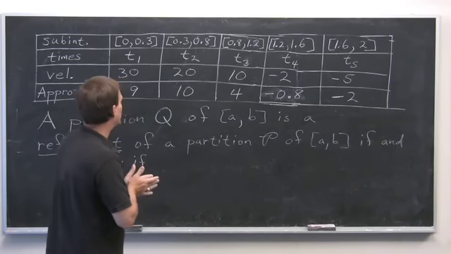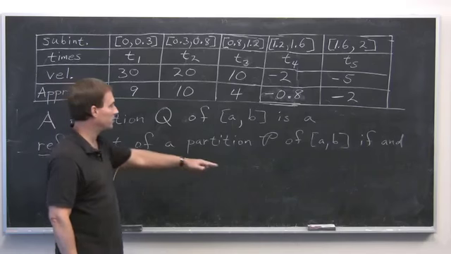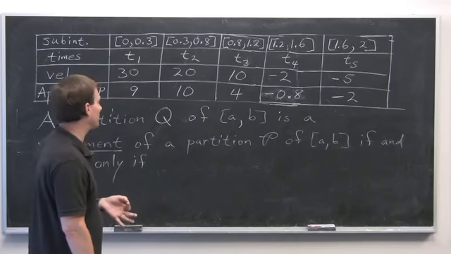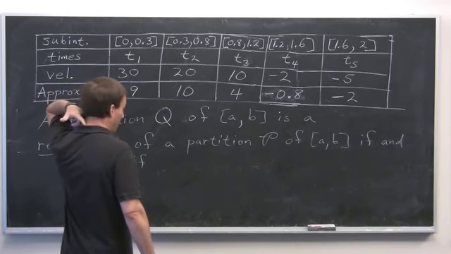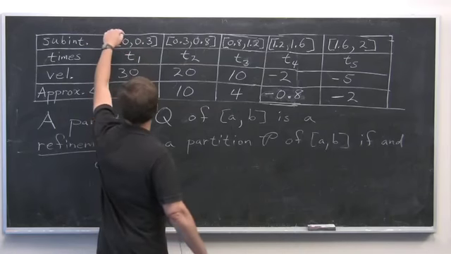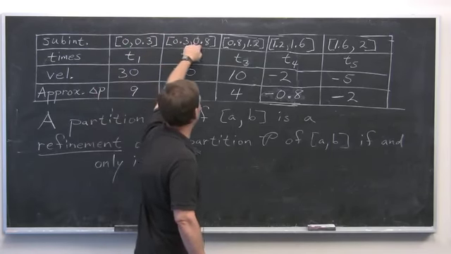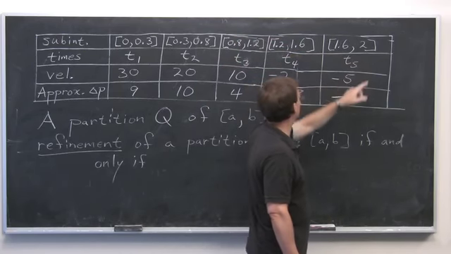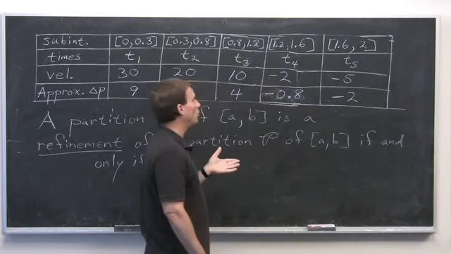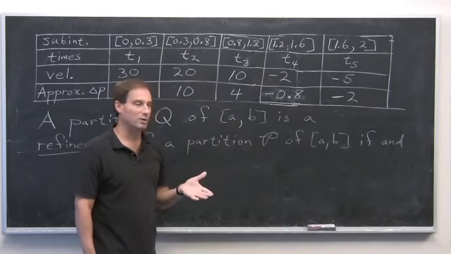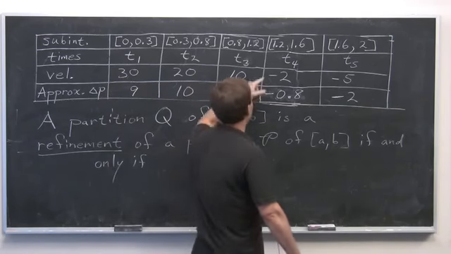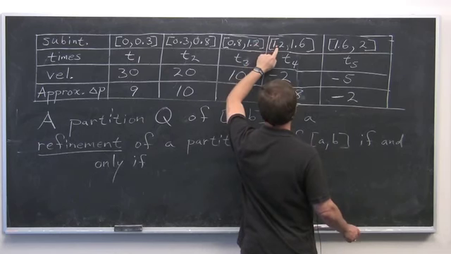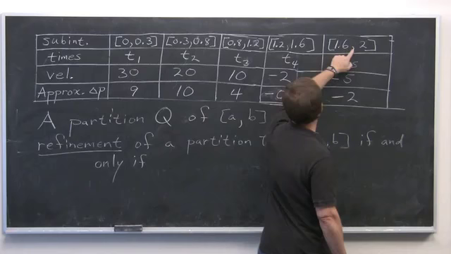Now, the original partition, or partitions P and Q, are specified by just giving the endpoints of the subintervals. And if you look at it, what you see is the new endpoints of our subintervals: 0, 0.3, 0.8, 1.2, 1.6, and 2. Well, we have more endpoints now because before, in our partition, just the endpoints of the subintervals, the last two would have been 1.2 and 2.